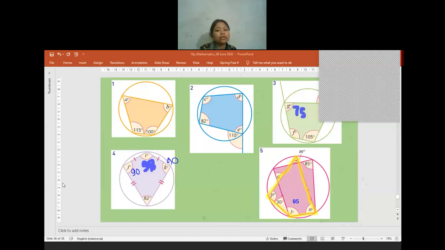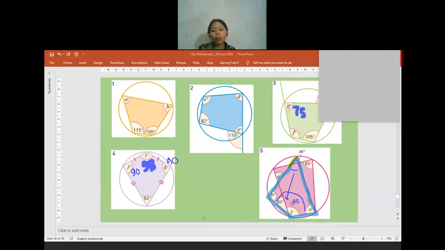Okay, good job. It will be equal to 55 because, if you still remember about vertically opposite angles, this is the triangle. In the complete triangle, in total, it will be equal to 180 degrees. So you need to find the angle opposite to the angle Q. The opposite angle with the Q is in this place.